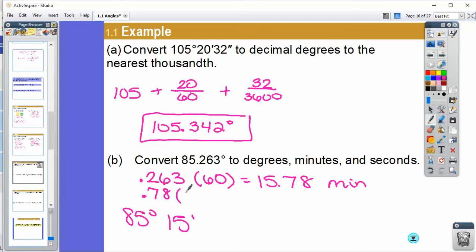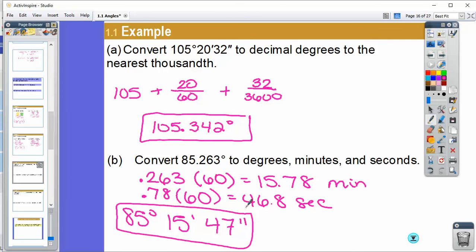So we're just going to take the decimal part times 60 one more time. It's 46.8 seconds. We'll just round to the nearest second. So that would be 47 seconds. So 85 degrees, 15 minutes, and 47 seconds.